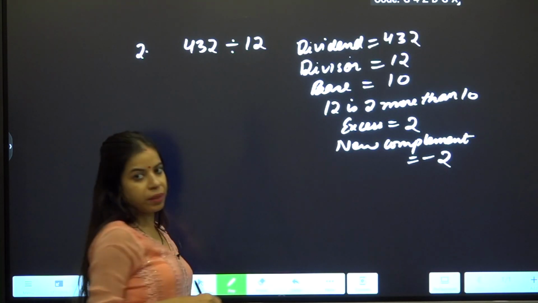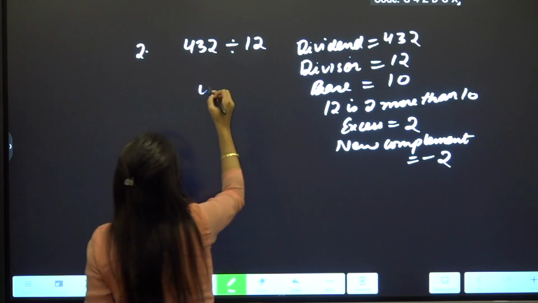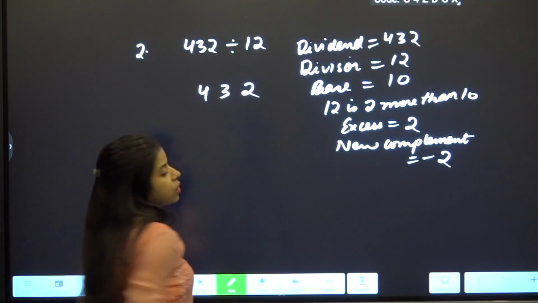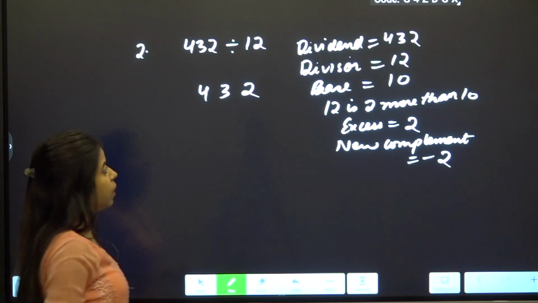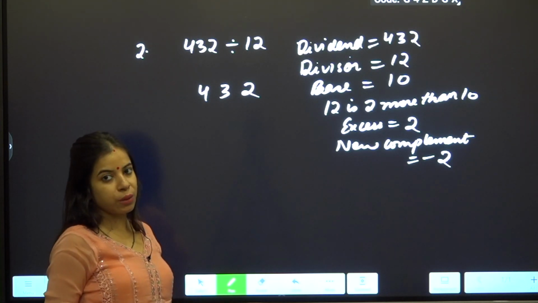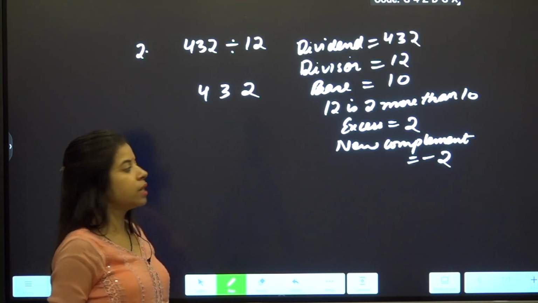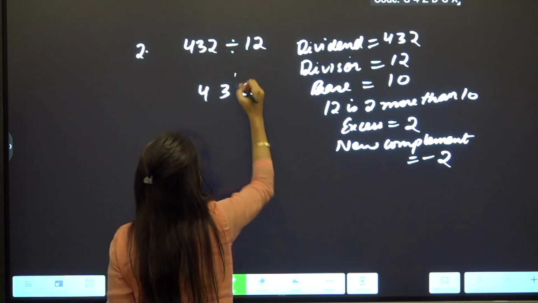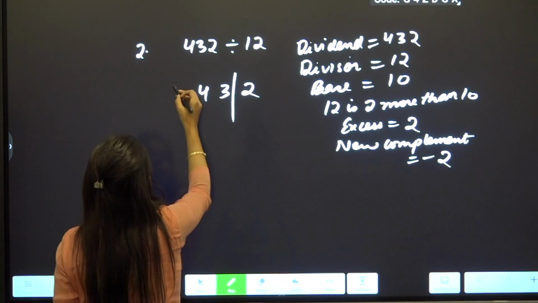We are going to split 432 into two parts, the quotient part and the remainder part. The number of digits in the remainder part is equal to the number of zeros in the base, which is 1. So, I am going to put a slash between 3 and 2.